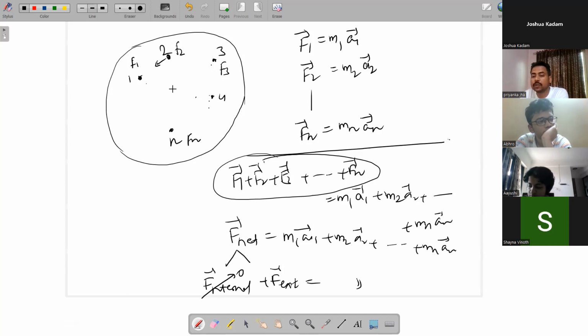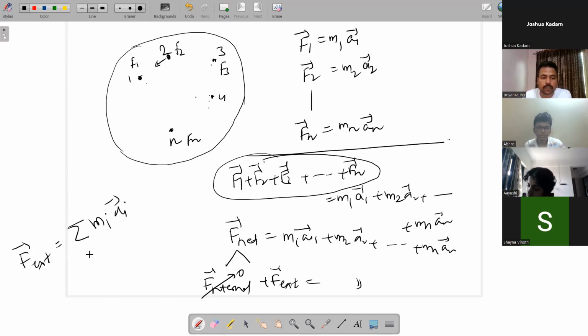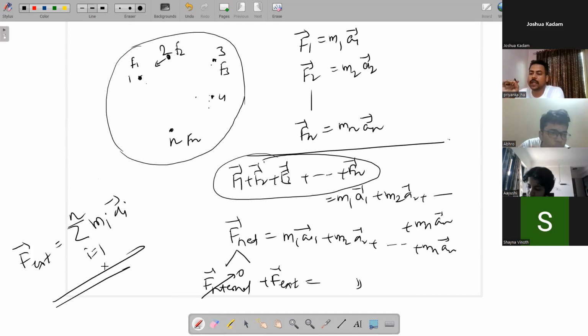They will nullify each other. So internal force will become 0, and we can write external force equal to M1A1 plus and so on, or you can simply write in short, summation of MiAi, i equal to 1 to n. Understood? This is the concept of how we apply Newton's law on system of particles. I'll take a question, then you will understand more.